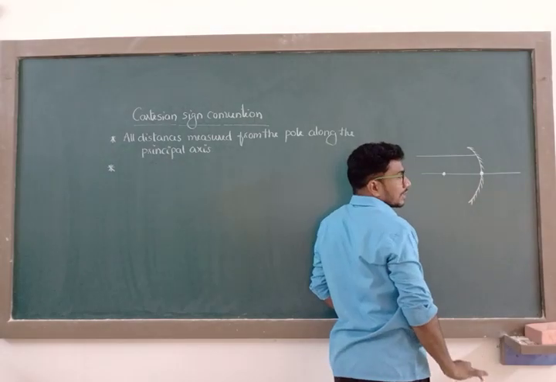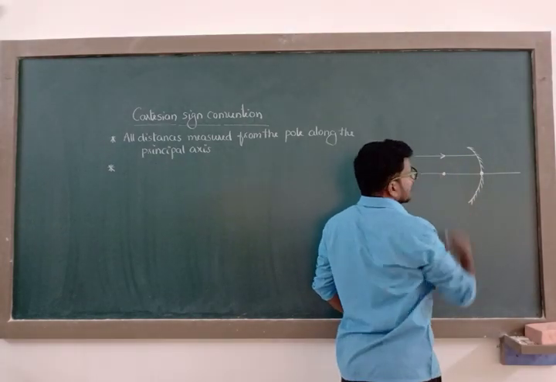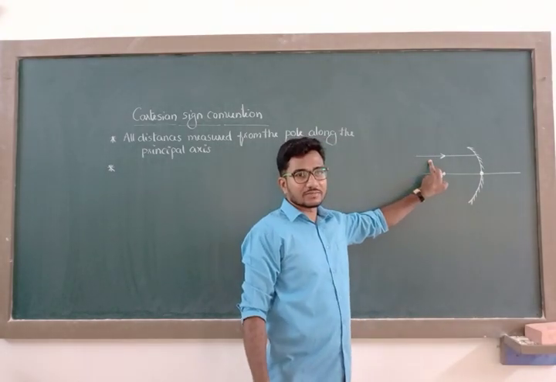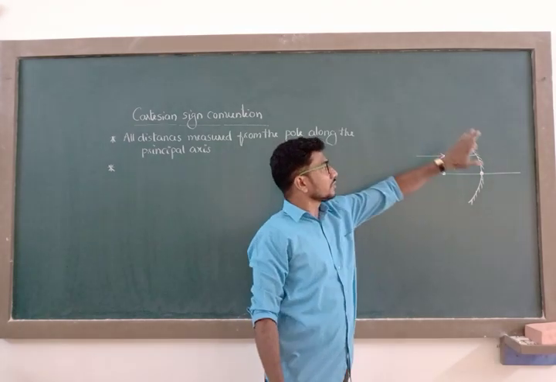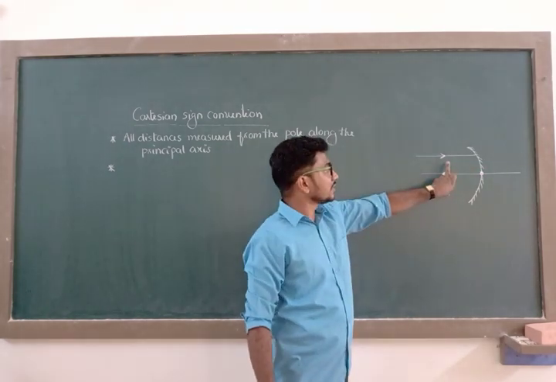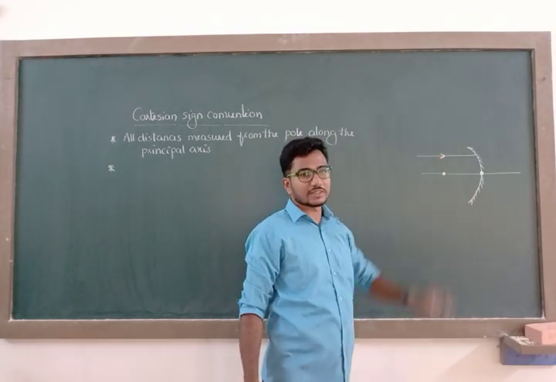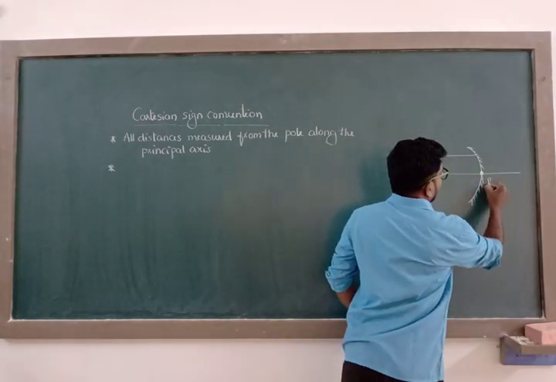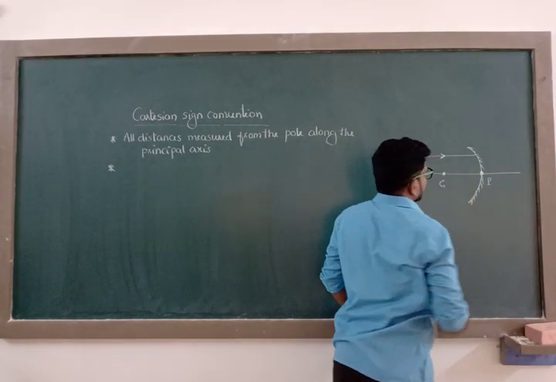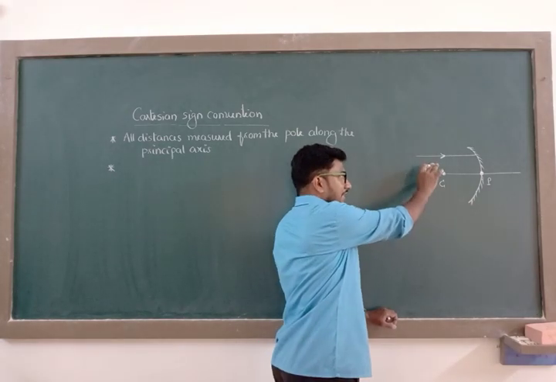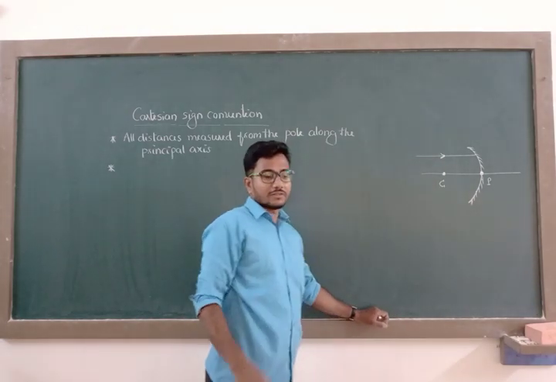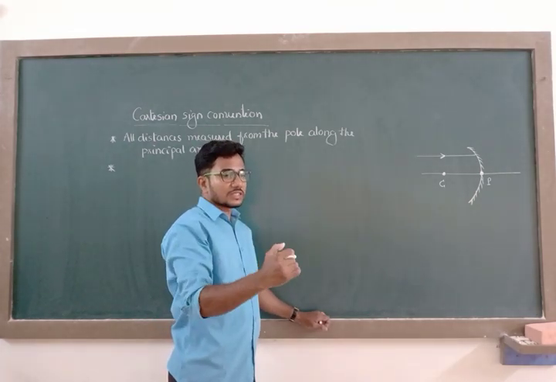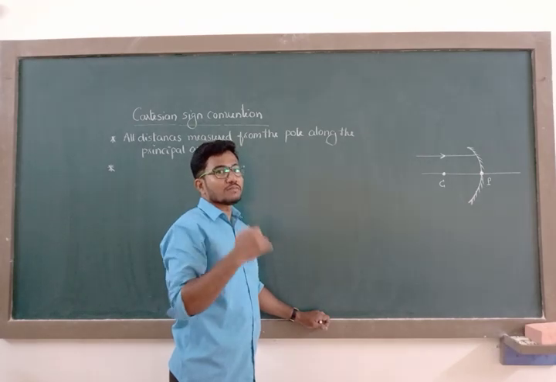A straight line represents the path of light, the arrow mark represents the direction of light. So here the direction of this incident light is left to right. If you measure distances in the direction of incident light, left to right, then those distances must be positive.